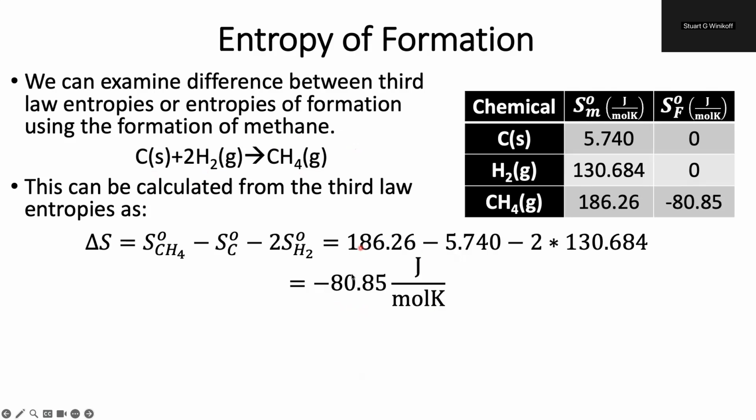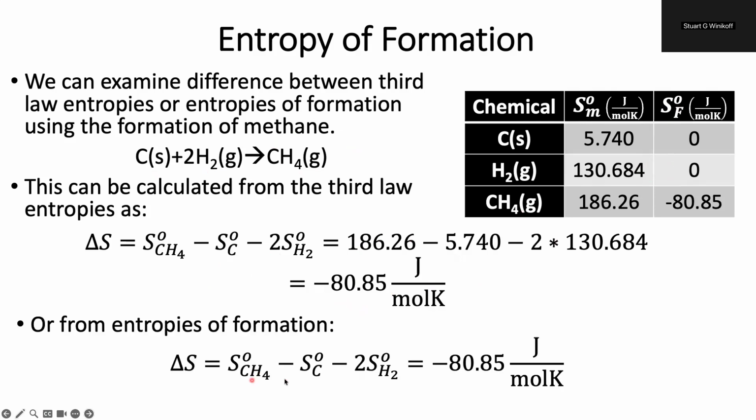So this is entropically unfavorable. Now, if I'm using the formation entropies, in this case we get lucky because two of our compounds are in their elemental state. So I can just take the difference and again get the same value. Noticing it's equally equivalent to use third law entropies or entropies of formation.